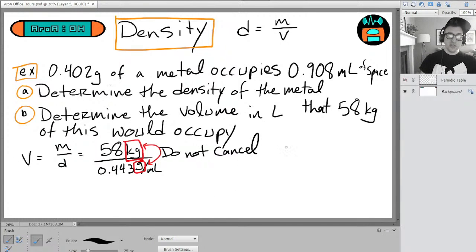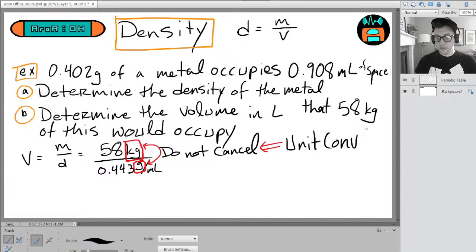So what we need to do is we need to do a unit conversion before we crunch our numbers. All right, and if you're not writing your units in, you might miss it. The reason why I write in my units every step is because if I've forgotten to do a unit conversion, it'll tell me kilograms can't cancel grams. I need to convert.